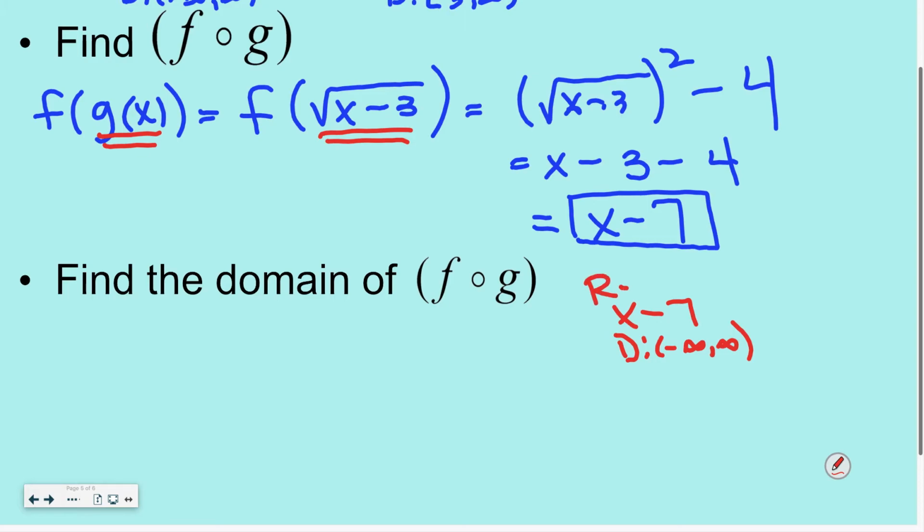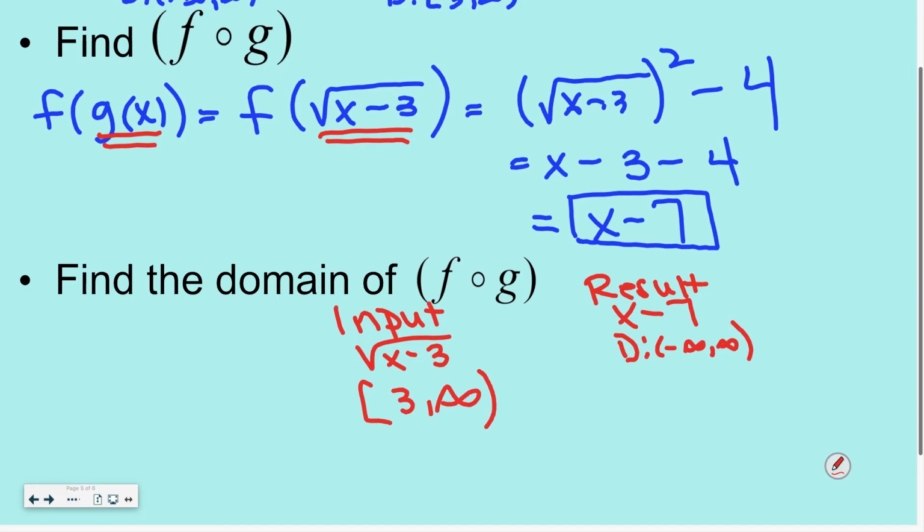So this was our result. Our input function was radical x minus 3, and we determined that that has a domain from 3 to infinity. From the get-go, can I plug in numbers less than 3? No. So at the end, I'm still not going to be able to plug in numbers less than 3.